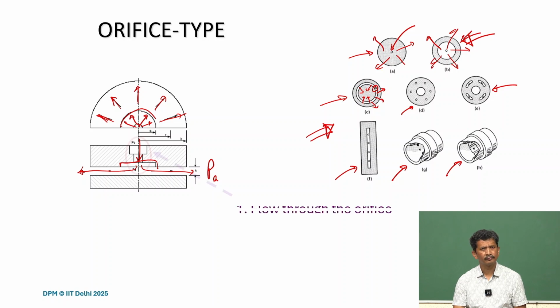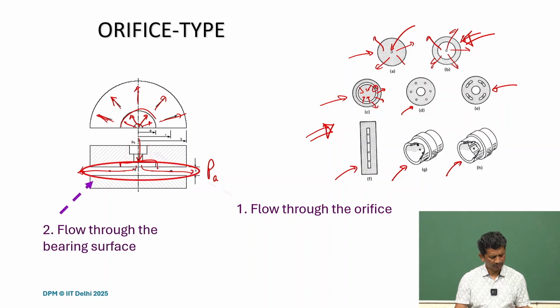So there is one restriction here, flow through the orifice, and there is another one which is flow through the bearing surfaces. So there are restrictions on the flow, and this is how it works, and it builds up the pressure so that we get a pressure distribution over the bearing surface area, and that's how it supports the load.